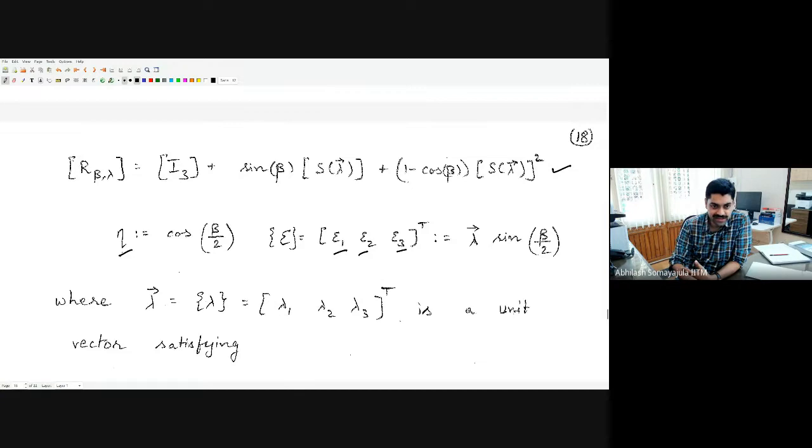Note that epsilon 1, epsilon 2, and epsilon 3 are basically a scaled version of that lambda vector, in the sense that it is lambda multiplied by sine of beta by 2, whereas eta itself is cosine of beta by 2. That representation yields that when I take a square of each of these parameters and add them up, I'll get the value 1. Is everybody with me?